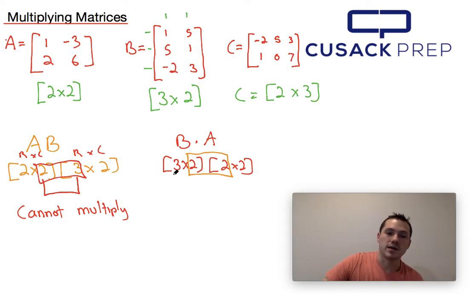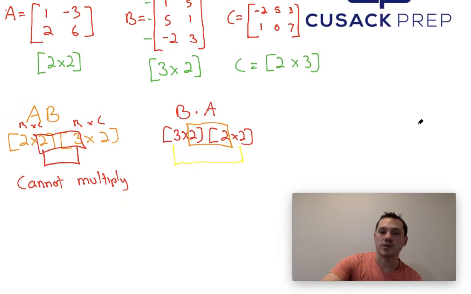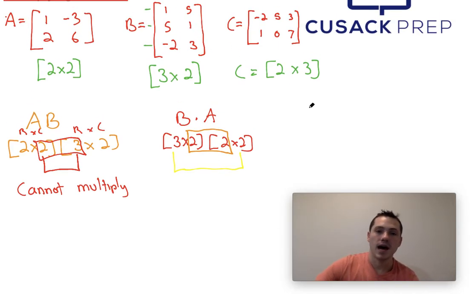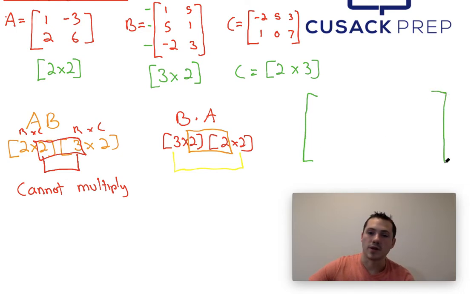And what these two numbers tell you, that 3 there and that 2 there, is that your output is going to be a 3 by 2 matrix. So in order to multiply matrix B times matrix A, I'm going to set up a matrix that has room for 3 rows and 2 columns. Leaving a little extra space here, you'll see why in a second.